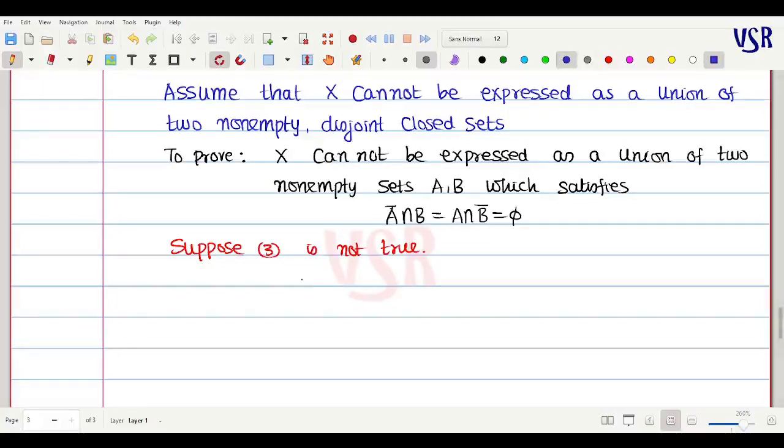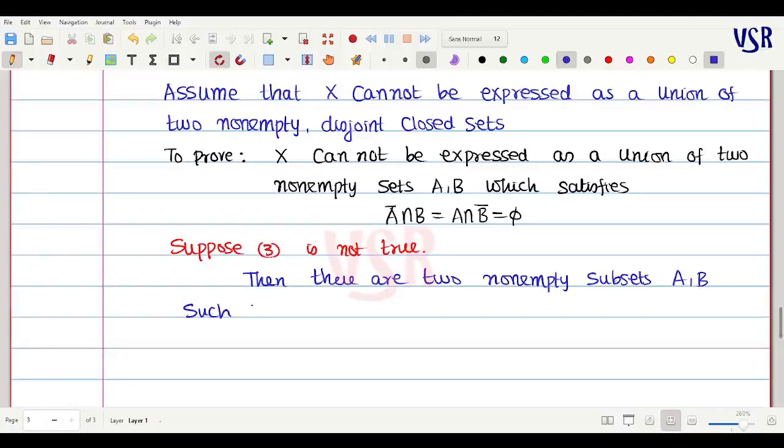Okay, then there are two non-empty subsets A, B such that என்ன கண்டிஷனை satisfy பண்ணுது அப்படின்னா, this is X is equal to A union B and A closure intersection with B which is equal to A intersection B closure which is equal to empty.